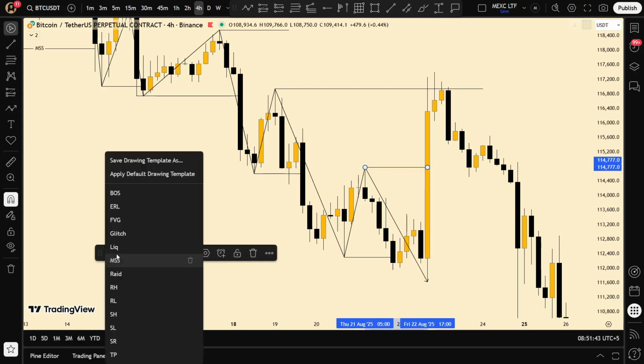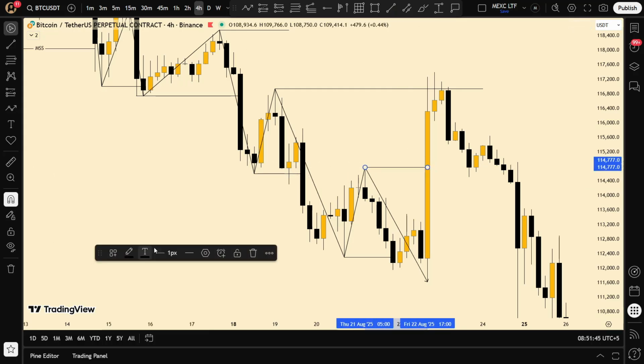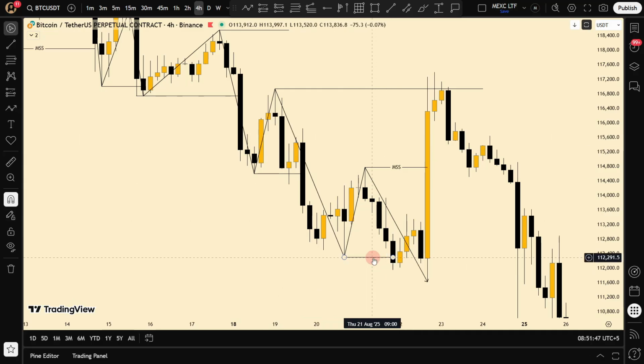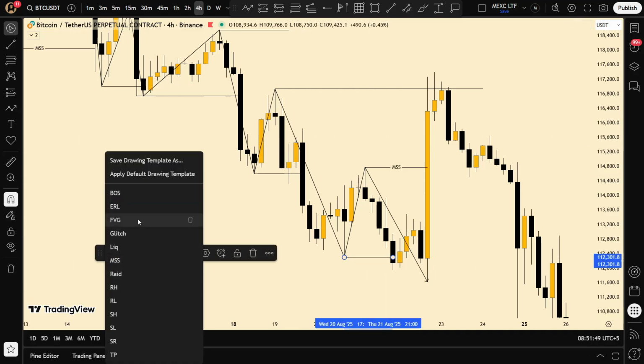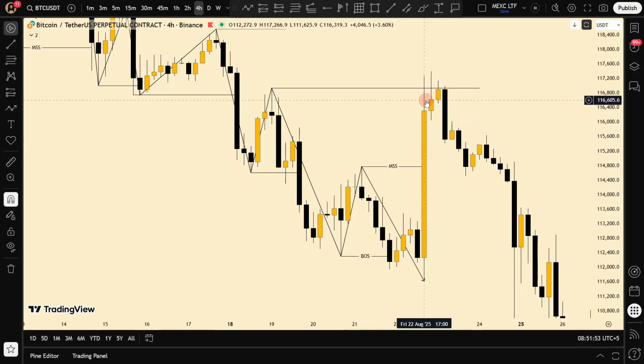This is called a market structure shift because, as I told you guys, we have the break of structure, and we have the market structure shift. So this was our low, this was our higher high, this was our lower high, and we created a new low over here, and then we went back up, we closed above this candle, and we gave a market structure shift.